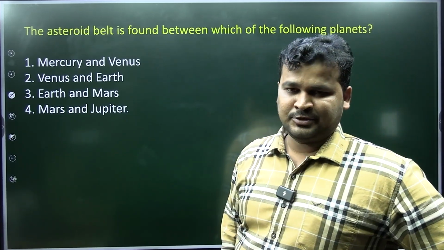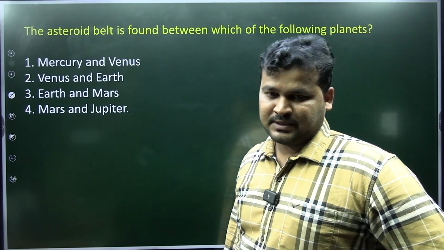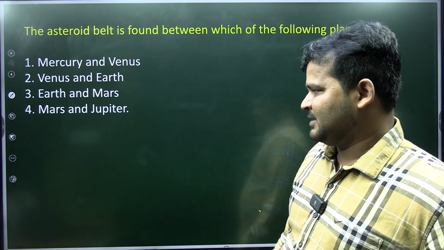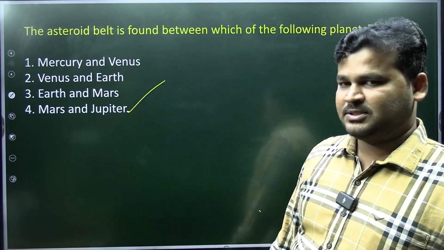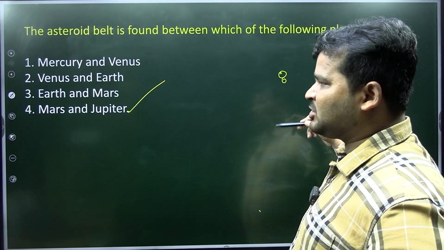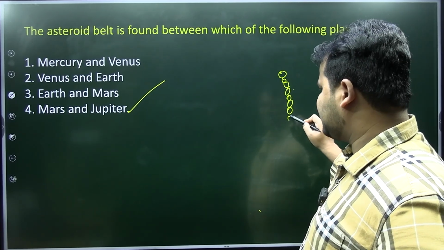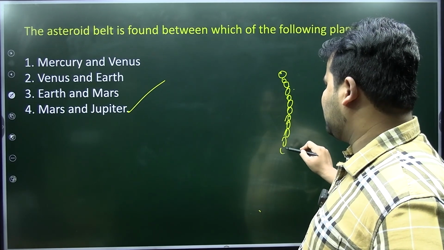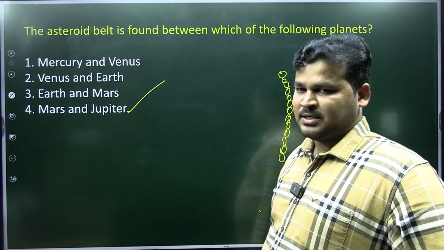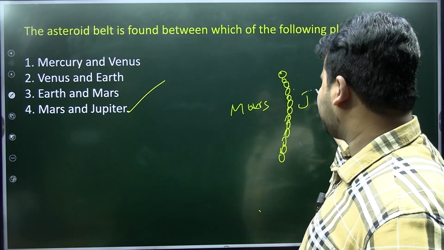4. Mars and Jupiter. So what is the answer for this question? Yes, Mars and Jupiter, as we discussed. Asteroids are a group of rocky substances, dust particles, and ice particles present in between Mars and Jupiter.